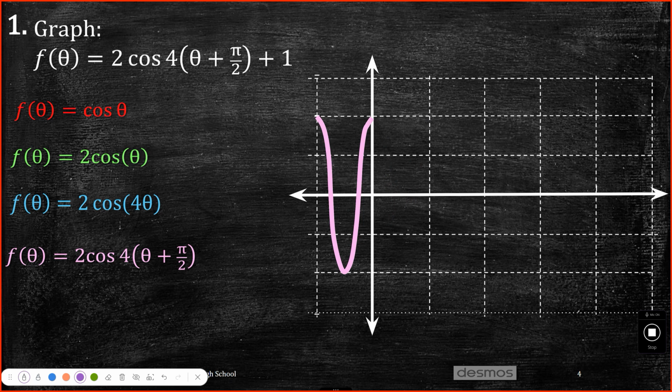And finally, the last transformation is the vertical shift by how much? 1 unit. Meaning that every single one of these points, the whole bird, is going to move up 1 unit.